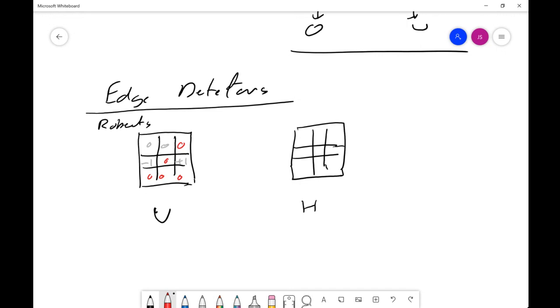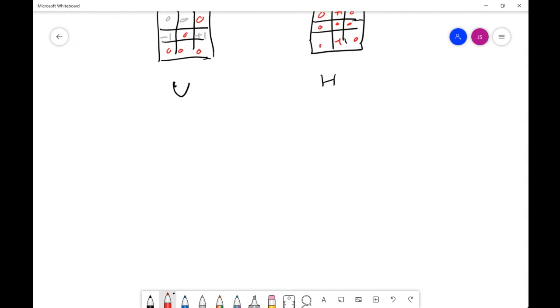The horizontal windows are -1 and +1. All the rest are zeros. And the result of correlating that image will give you an EV. This will give you an EH, the horizontal and the vertical edge stretch.